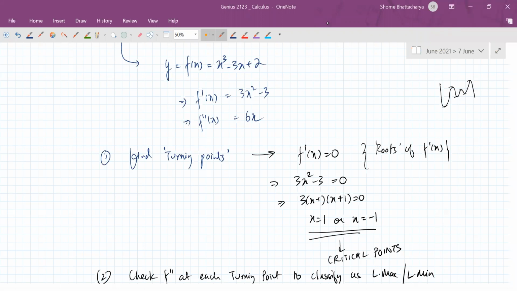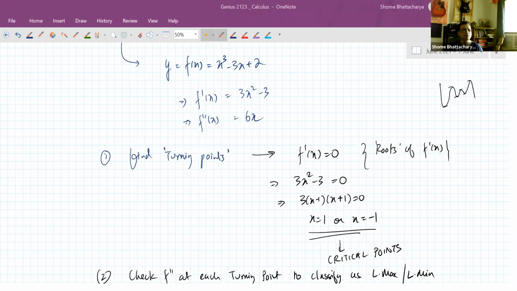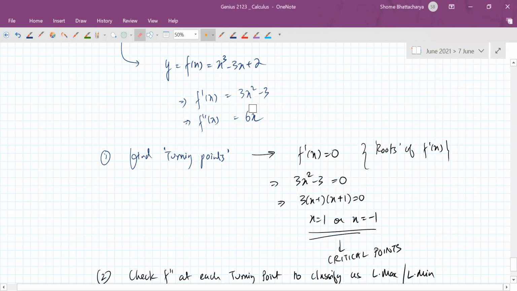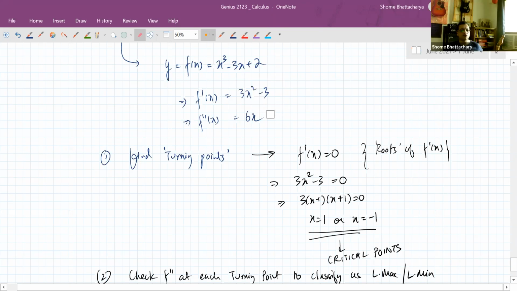So in general, if we talk about a polynomial of degree n, then we can say that the total number of turning points is n minus 1. Can we say that generalized? Yes, meaning up to a maximum of n minus 1, might be less. I can have a cubic function which, when I differentiate it, gives a quadratic function that does not have roots. So then there is no turning point.